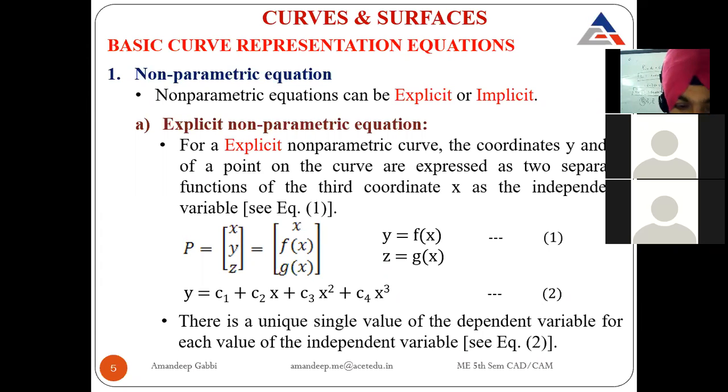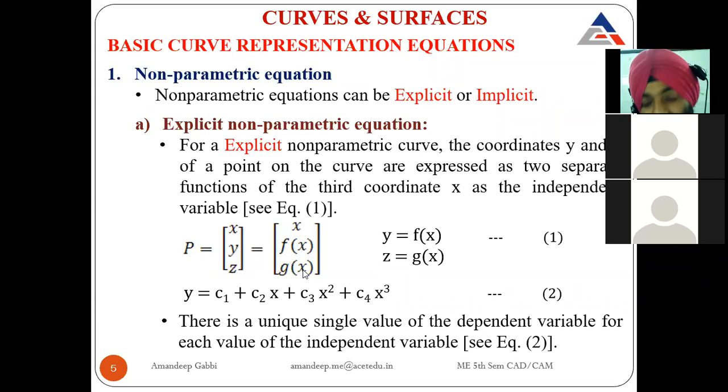In explicit, a point P has x, y, and z coordinates. x is a function of x. Y is again a function of x. That means when x changes, y will also change accordingly. Z is again a function of x.